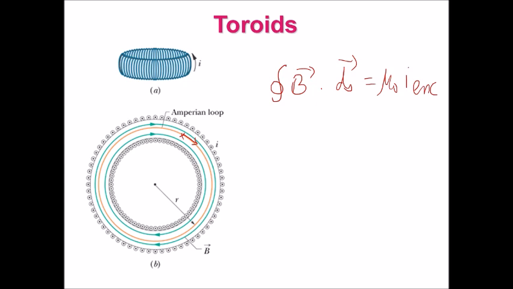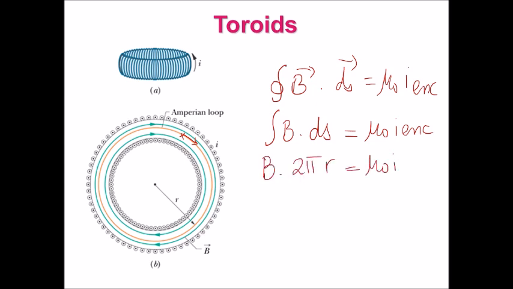They are all tangent to this Amperian loop, which is a circle of radius r. So the integral of B ds is just B times the integral of ds, and B is uniform by symmetry, so this is B times 2 pi r equal to mu 0 I enclosed.